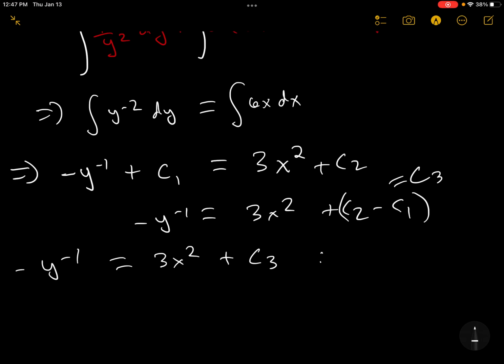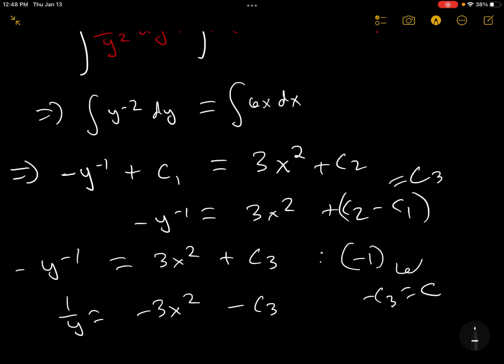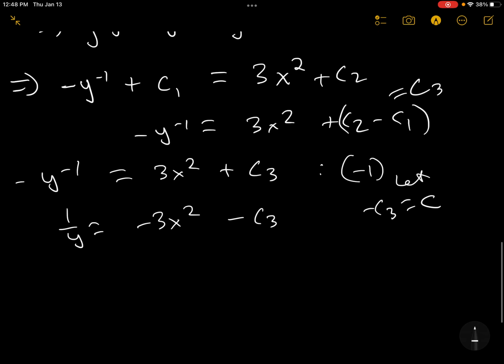I'm solving for y here, so I multiply through by negative 1 on both sides of the equation. So I get 1 over y equals minus 3x squared minus c3, which is just a constant. So I'm going to let minus c3 equal C. Now I have 1 over y equals minus 3x squared plus C.